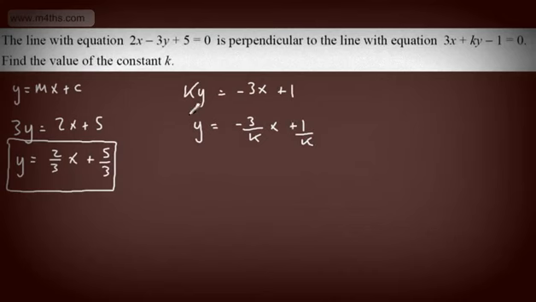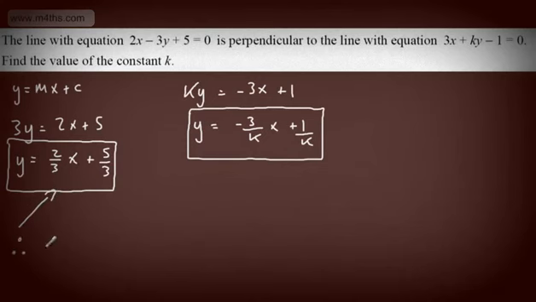Okay, so what we've got now are these two lines. We're being told now that the second line, or this line right here, is perpendicular to this one here. So these two are perpendicular. Therefore, if we consider the negative reciprocal of this, the gradient of the perpendicular, we can say, therefore, m of the perpendicular will be equal to minus 3 over 2.